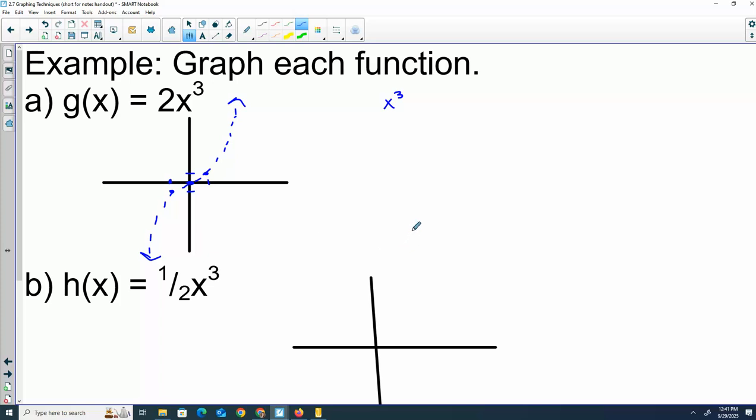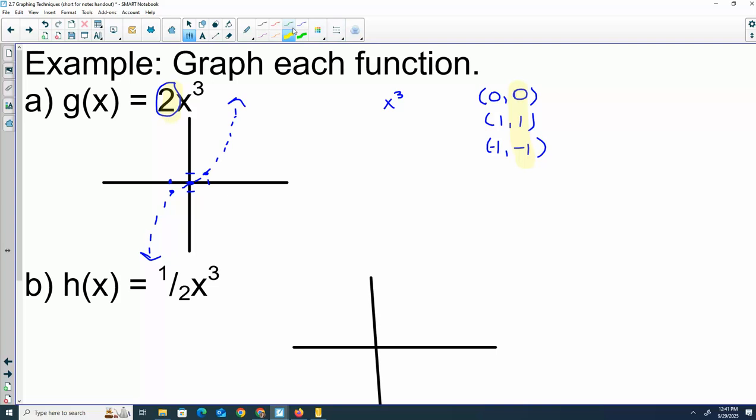Everyone understand where I got that part? So this 2. The 2 is on the outside. Anything on the outside takes your y and it does what it says. You don't have to do this, but for the purpose of our example, I'm going to write out these points that I have so far. This 2 is outside my function. It's not a part of the cube.